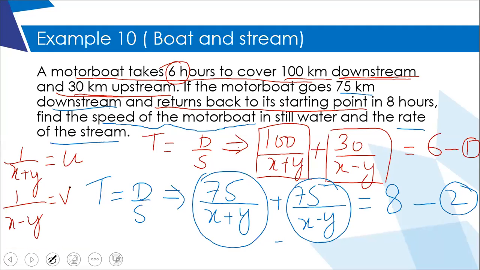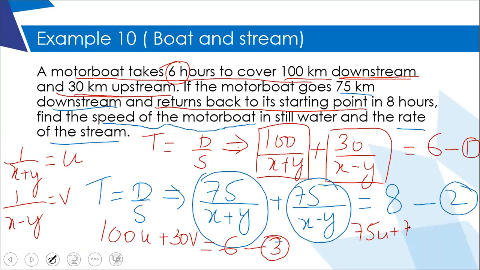So now we will finish the class, children. And your final equations, I'll just write them. 100u plus 30v is equal to 6, equation number 3, and equation number 4 is 75u plus 75v is equal to 8. After that you have to solve, get the values of u and v, then get the values of x and y.